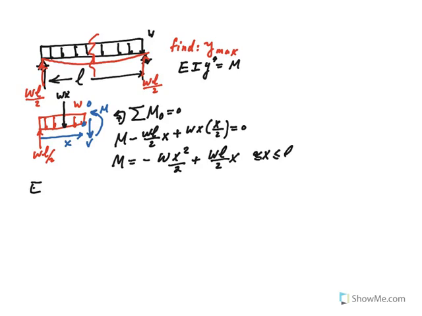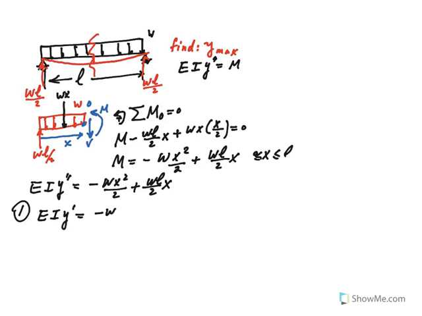So we are ready to go to our differential equation. So this is M now, right? EIy'' equals M. And start by integrating. So EIy' would be our slope first.